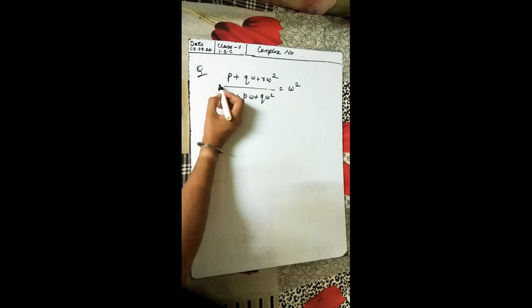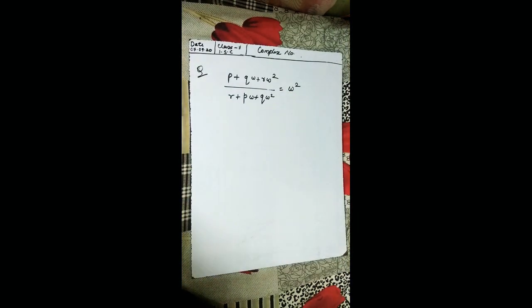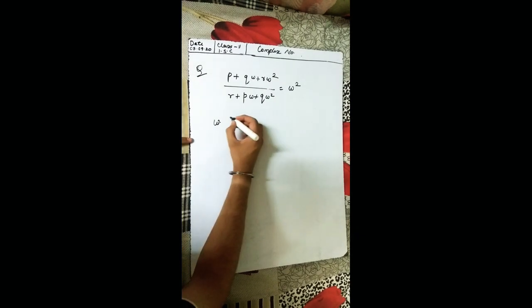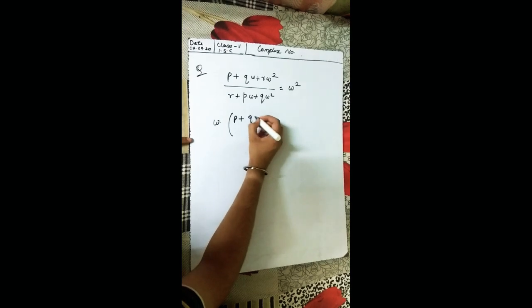Let us manipulate our proof. This is omega square. If I multiply omega on the RHS, then I need to multiply in the LHS also. Why am I trying to multiply omega in the RHS? Because it will become omega cube, and we know omega cube is 1. So that is why let us multiply both the sides with omega.